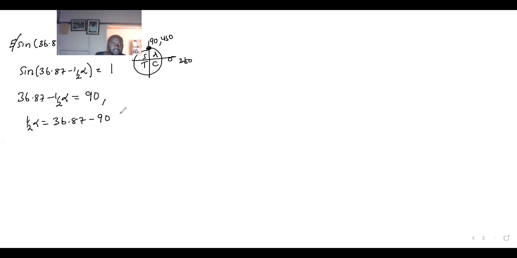So we shall have 90, we have a negative 270, we have 450. So that when you subtract, you get a half alpha is going to be equal to 53.13.